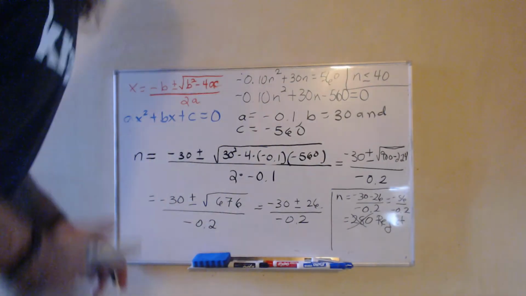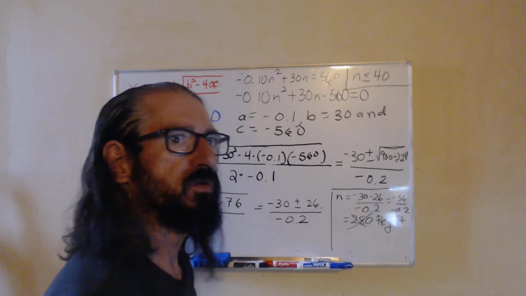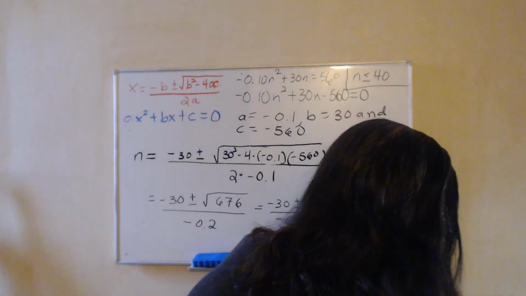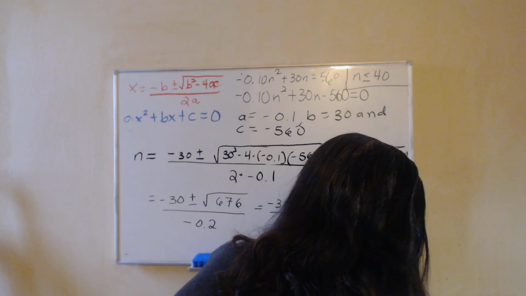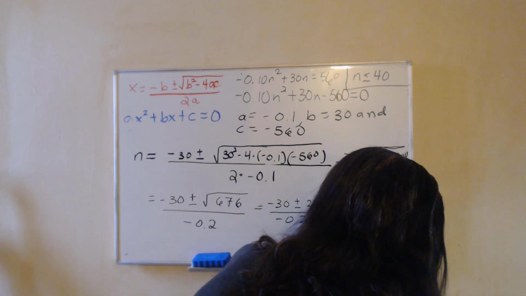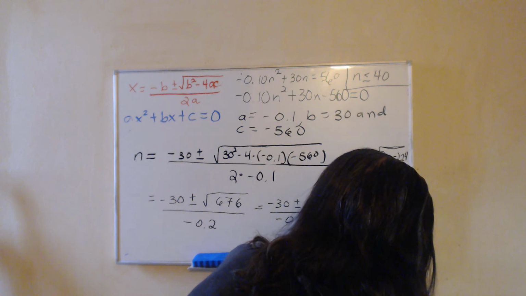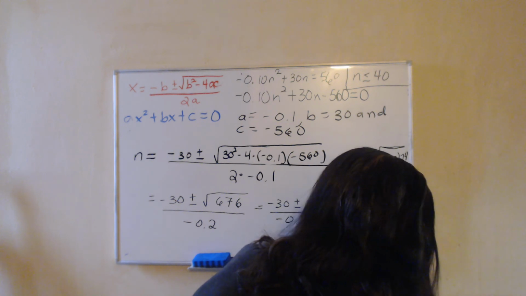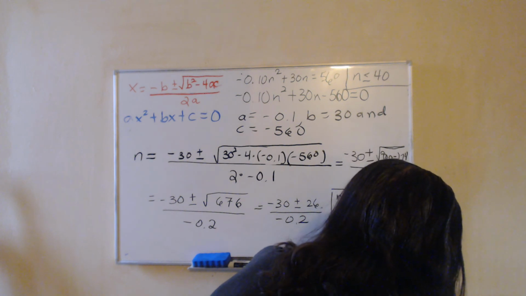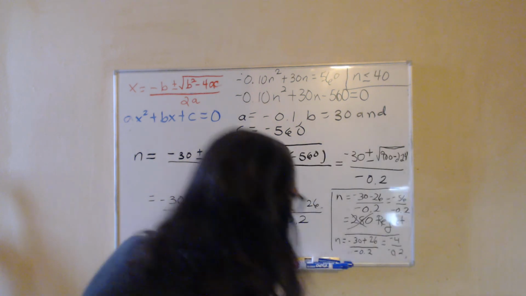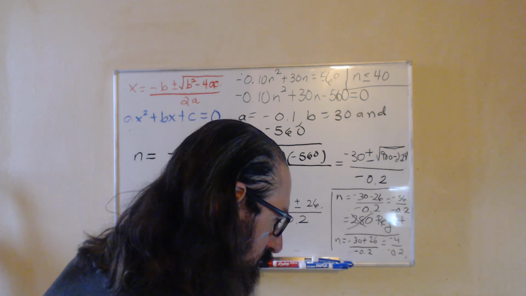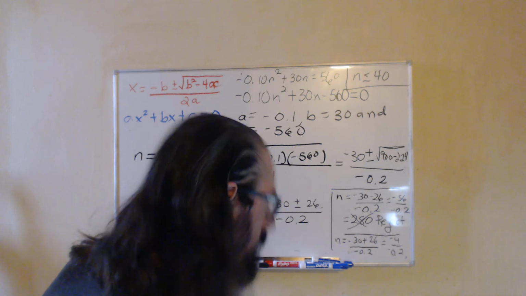On the other hand, in the case of the subtraction, sorry, the addition, negative 30 plus 26 is negative 4, and negative 4 divided by negative 0.2 is positive 20.